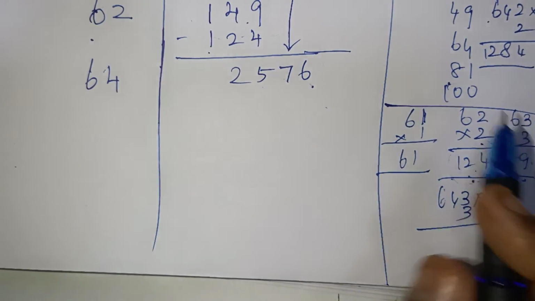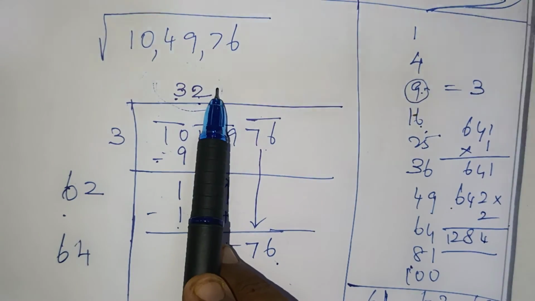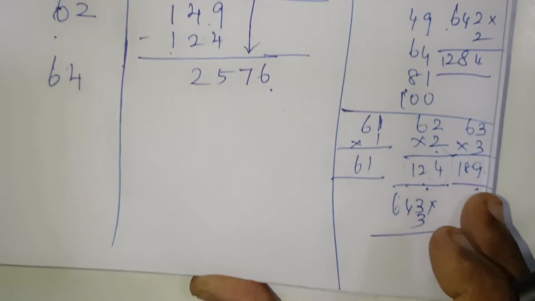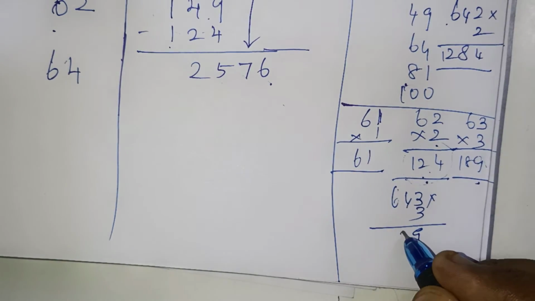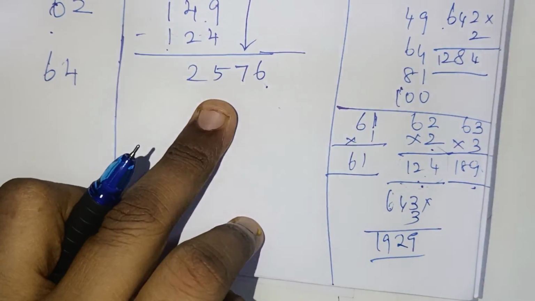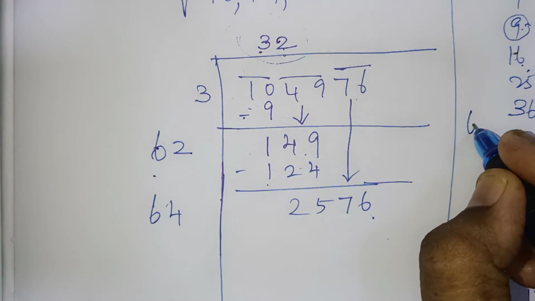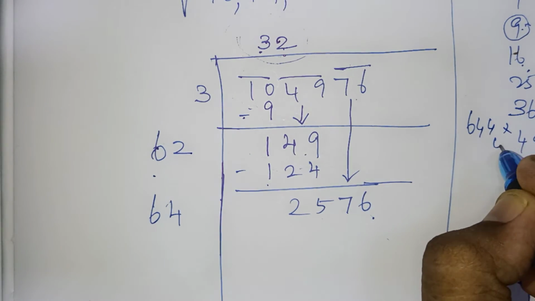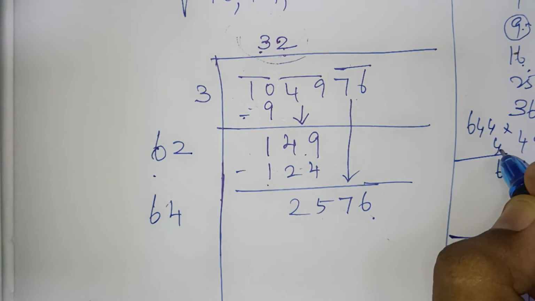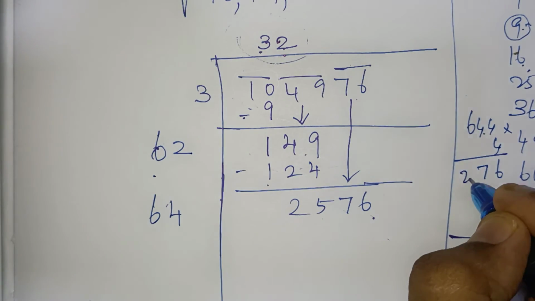Be very clear, whatever number you write here will be the same number in the quotient. 3 3s are 9, 3 4s are 12, 3 6s are 18 plus 1 is 19. So 2576 is somewhere further. Now we will try 644 into 4. 4 4s are 16, 4 4s are 16 plus 1 is 17, 4 6s are 24 plus 1 is 25.